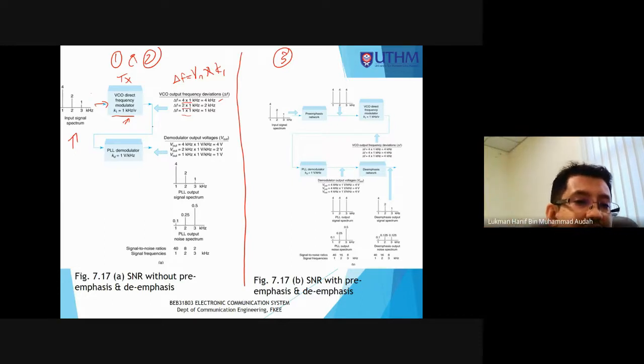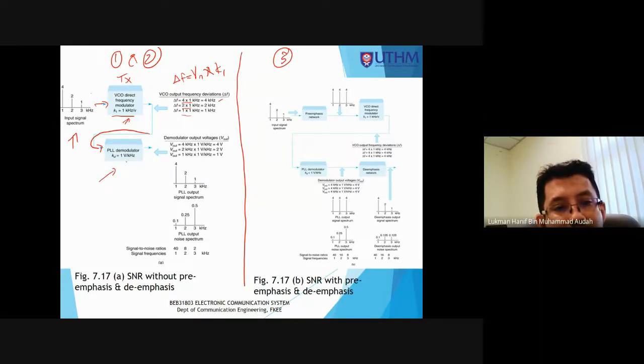So this is transmitted to the receiver, received by the PLL. PLL here has a transfer function KD, volt per hertz. So if we multiply with hertz, we will get voltage. So the PLL output is in terms of voltage.